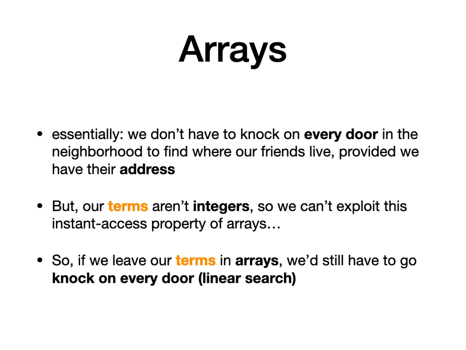It may have moved around. I don't know where that term is in the millionth spot, right? So if we leave our terms in arrays, once again, we're back to linear search. We have to look through each one. We have to knock on every door in the neighborhood.